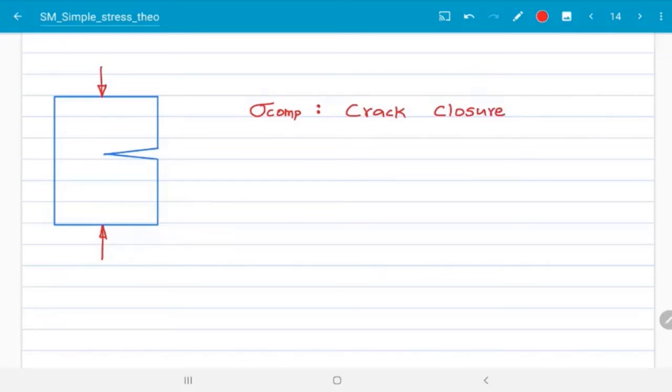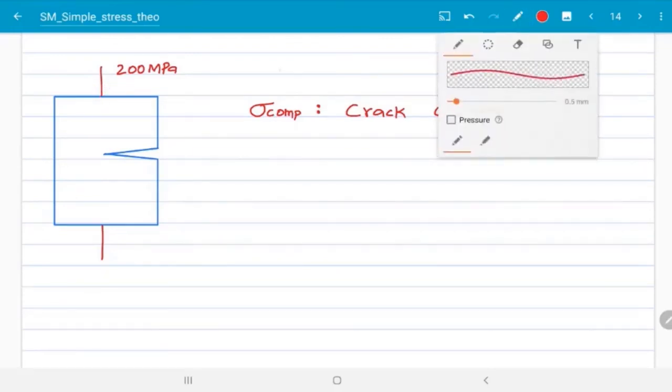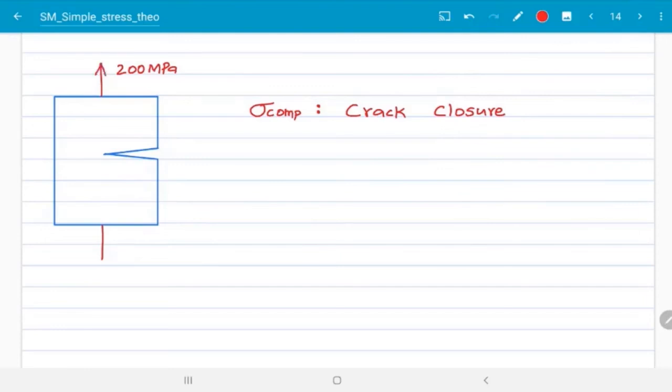For a particular value, I applied 200 megapascal. Same magnitude, but now I am applying tensile stress. What will happen to the crack? It will widen. Very good. So it will propagate.